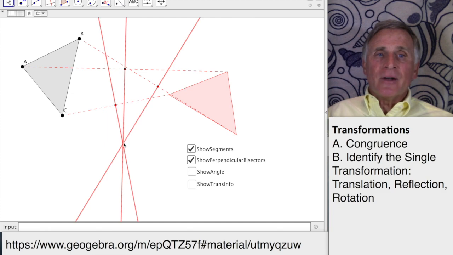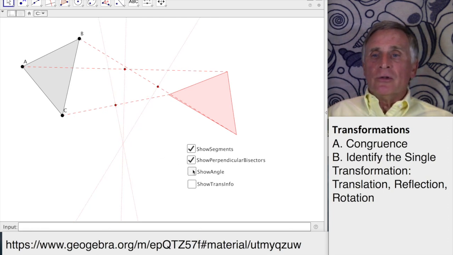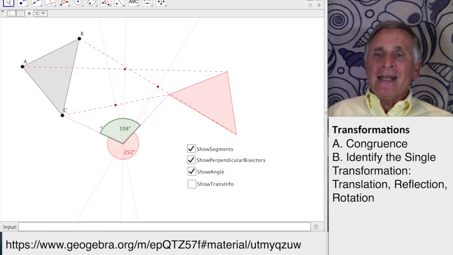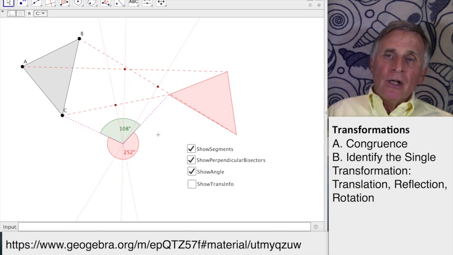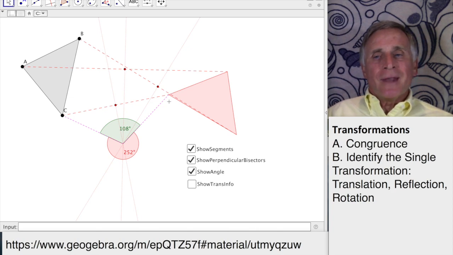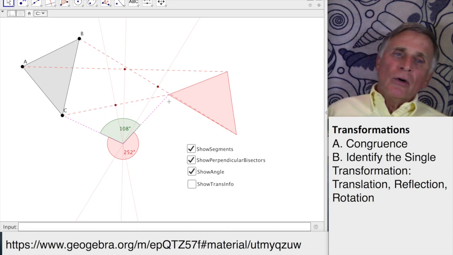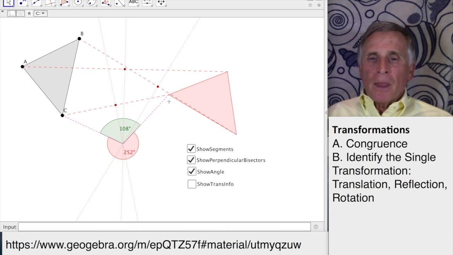That point where they intersect is the point of rotation. If we want to identify the angle of rotation, we just have to set up an angle that goes from a point to the point of rotation back to the image point. When we do that, we have two things shown here. It's 108 degrees if we are rotating clockwise. It would be a rotation of 252 degrees if we were rotating counterclockwise. You can go clockwise or counterclockwise.